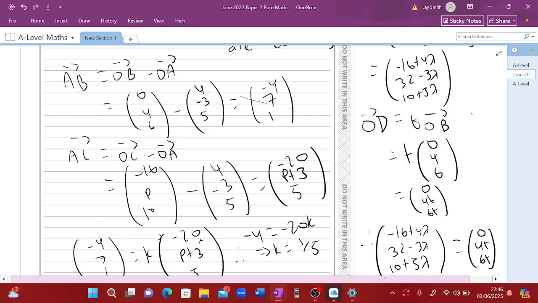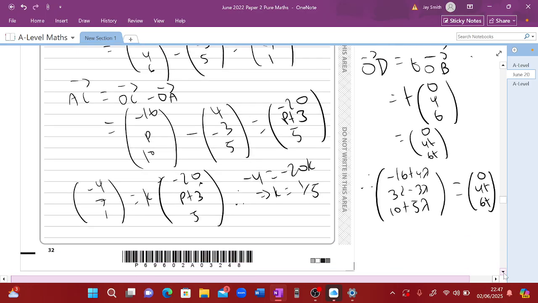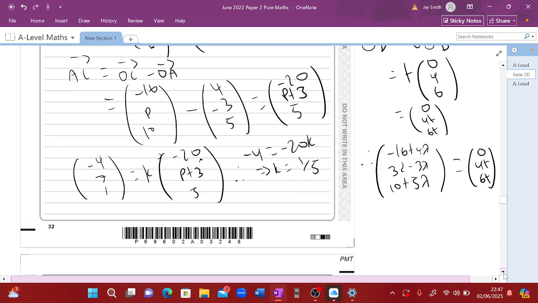And the idea is I want to find t or lambda, because then I can find an actual numerical answer. If I compare the first bit, minus 16 add 4 lambda is equal to 0. Therefore, lambda is going to be 16 over 4, which is 4.